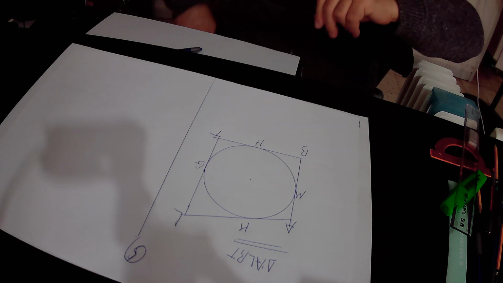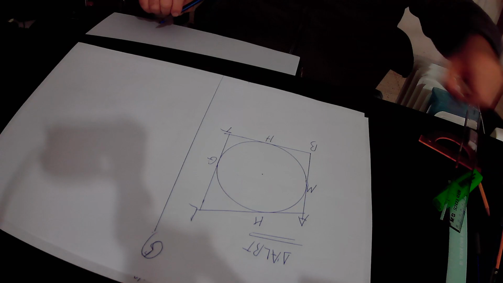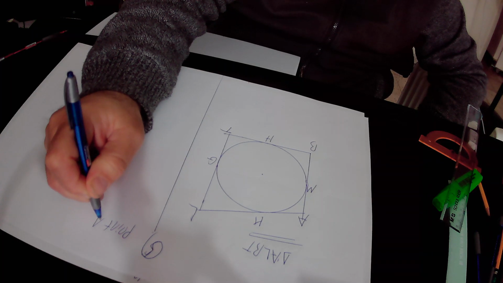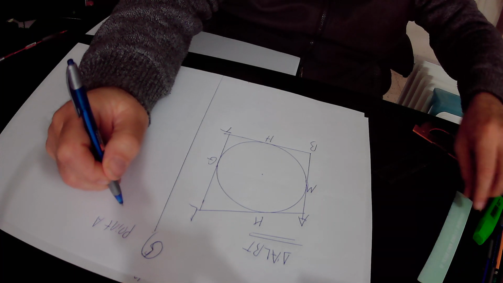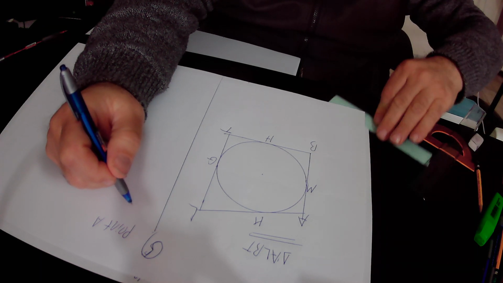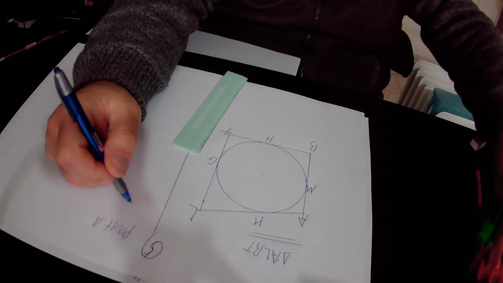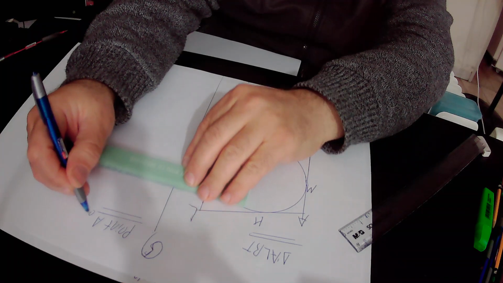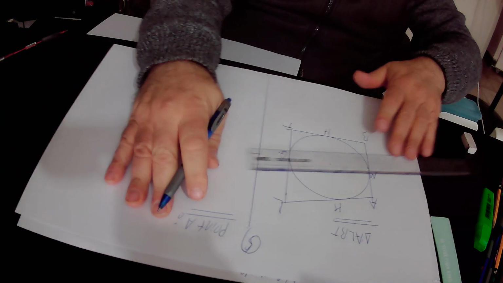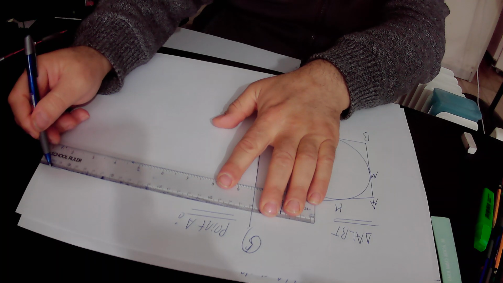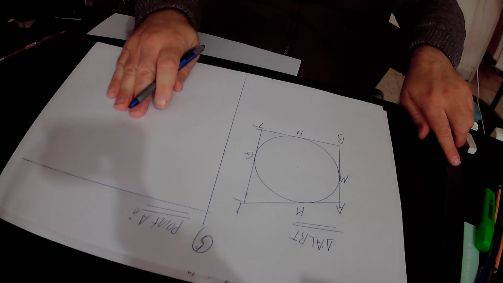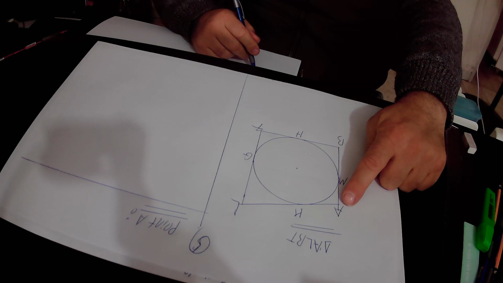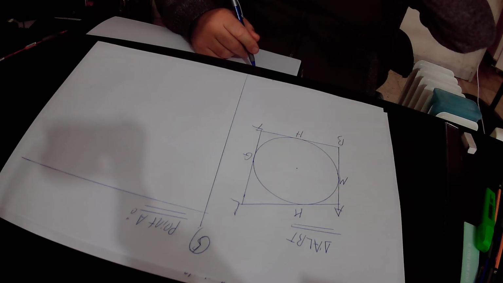We'll focus on the common external point, point A. From the common point, point A, we have two tangents to this circle, tangent AK and tangent AM.